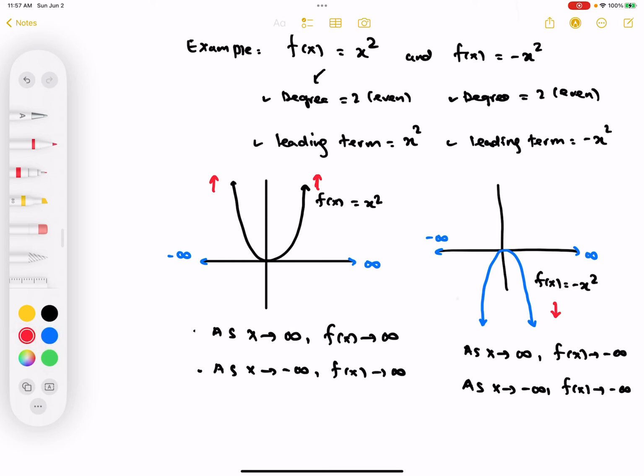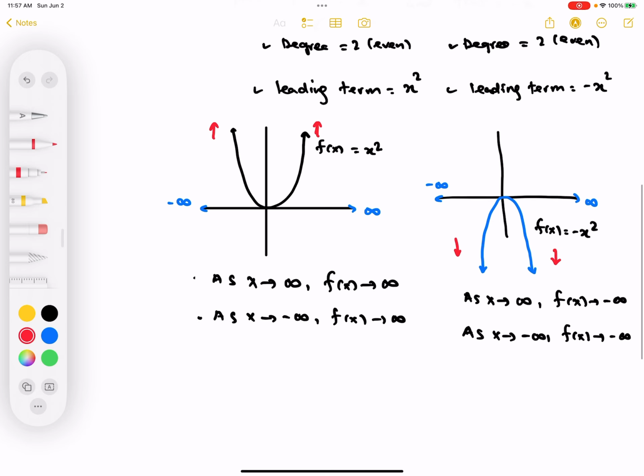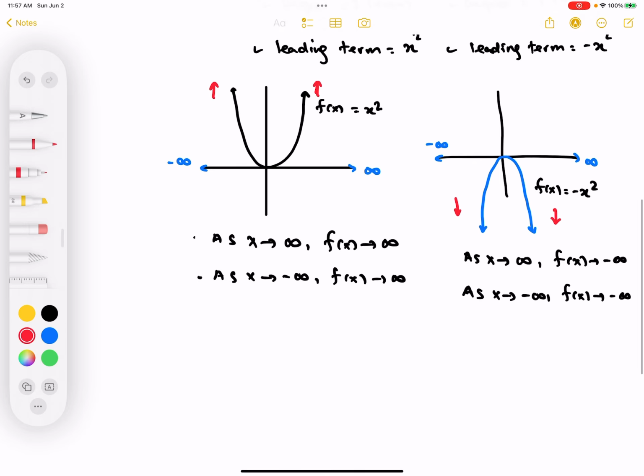Now these are my templates to analyze any even polynomials, for example, if the leading coefficient is positive or negative. Based on these templates, I can answer for a higher degree polynomial of even degree.